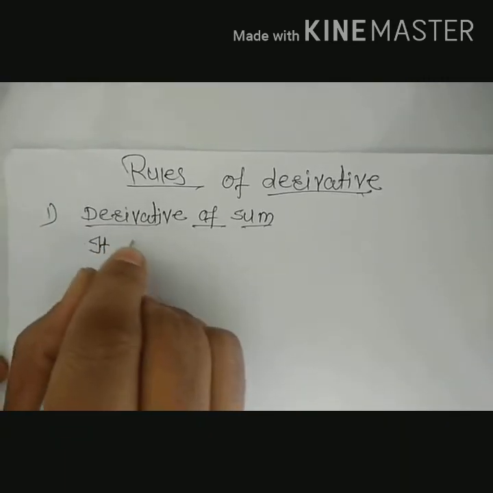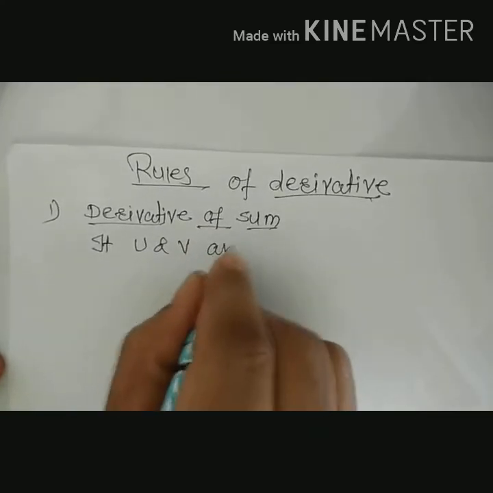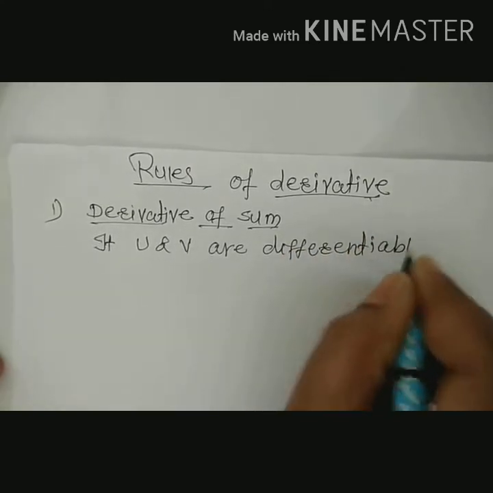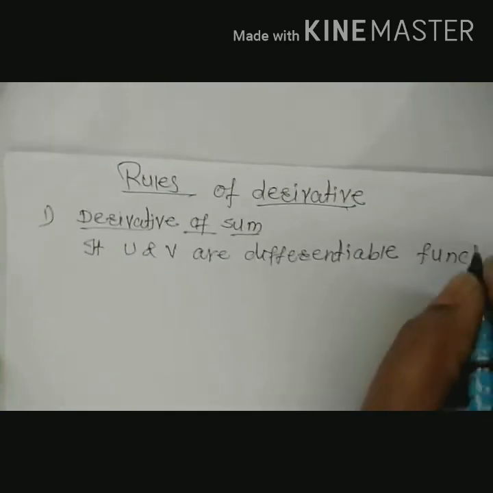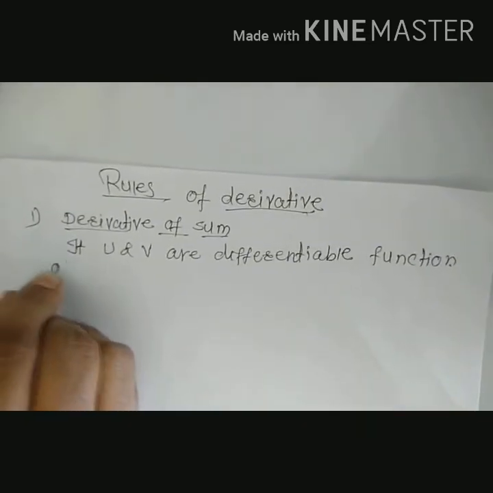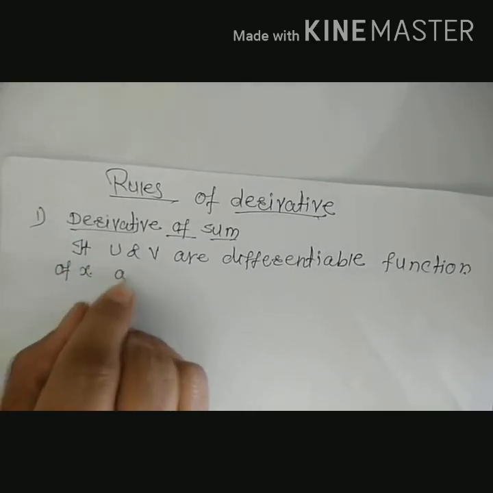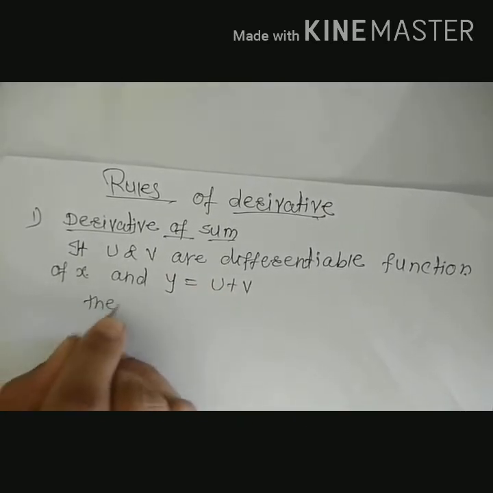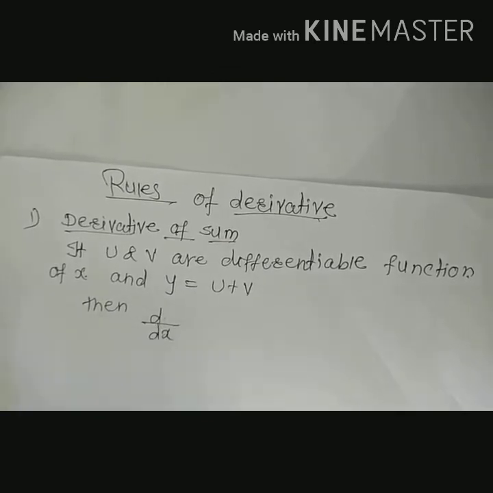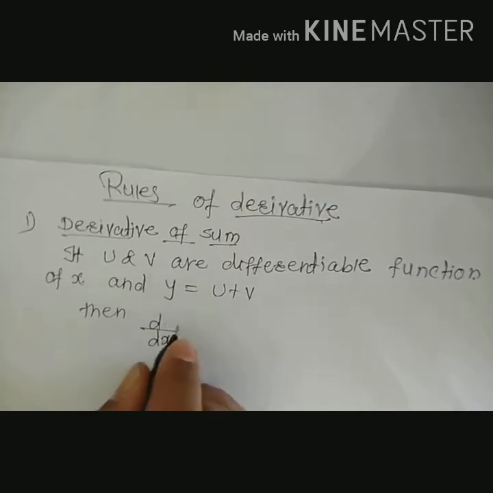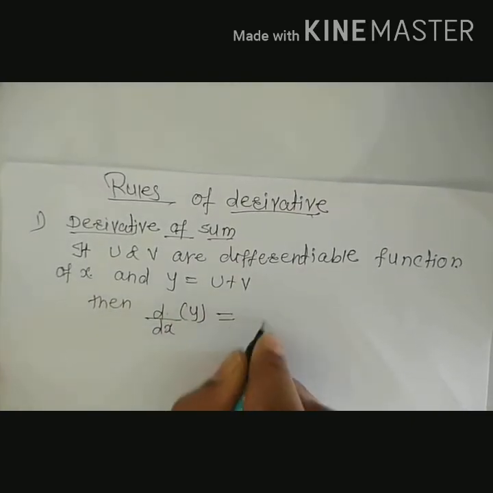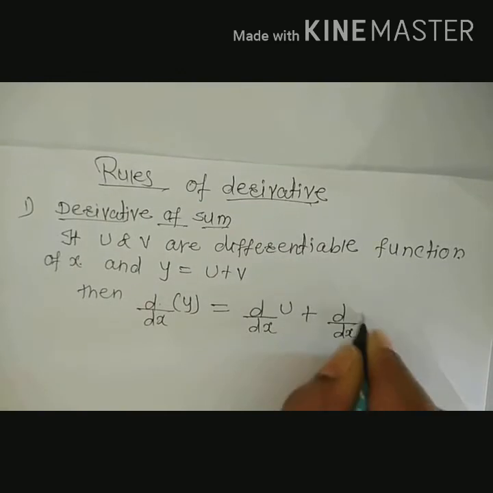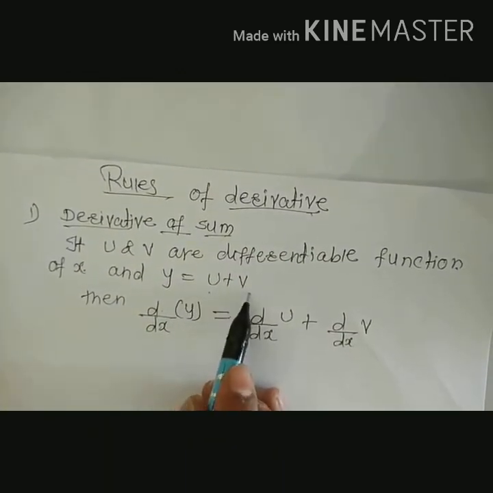If u and v are differentiable functions of x and y equal to u plus v, then, writing d by dx, the derivative of y equals the derivative of u plus the derivative of v. When there is a sum of two functions, we differentiate them separately.